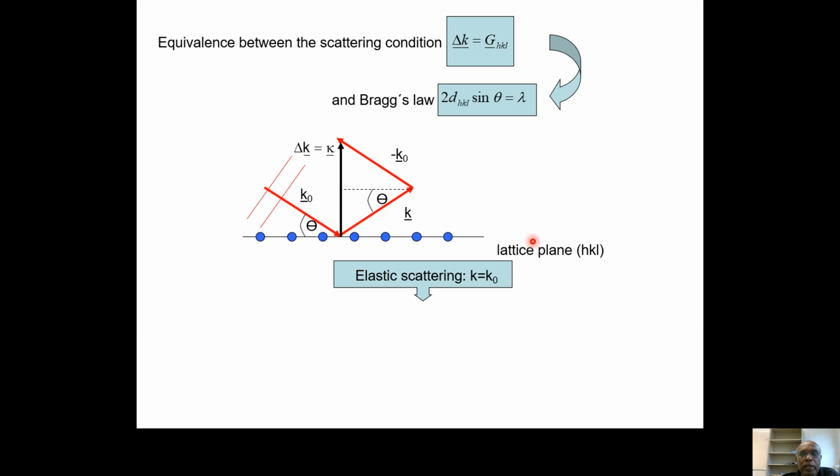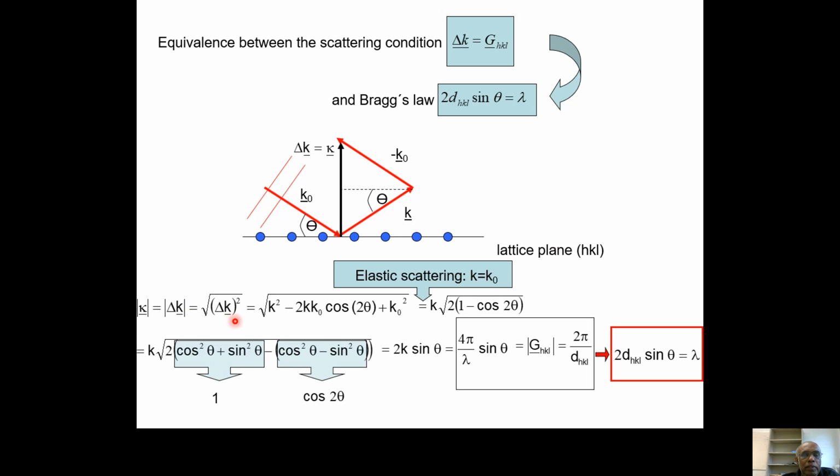Otherwise, this way, you can write delta K like this. We showed that delta K is nothing but 2K sine theta. You don't have to do this again. So delta K is basically 2K sine theta, which equals, with K being 2 pi over lambda. Remember, K is defined as 2 pi over lambda.